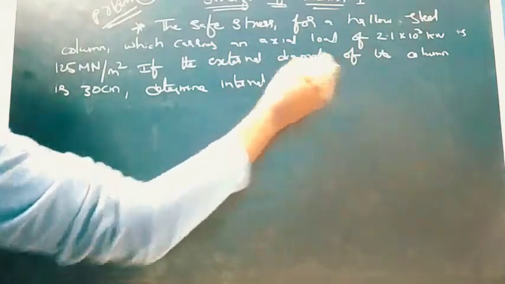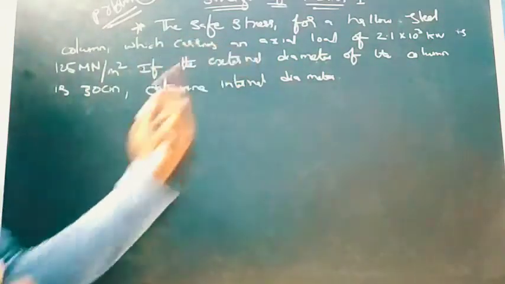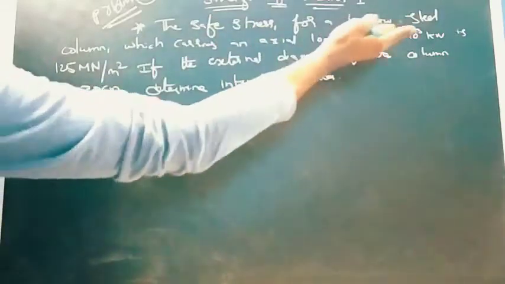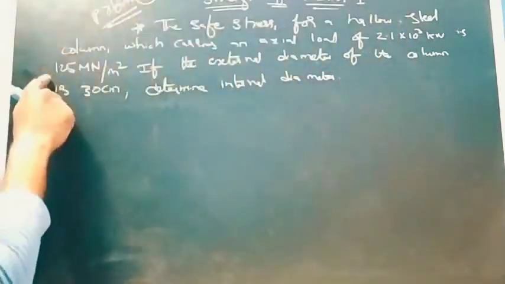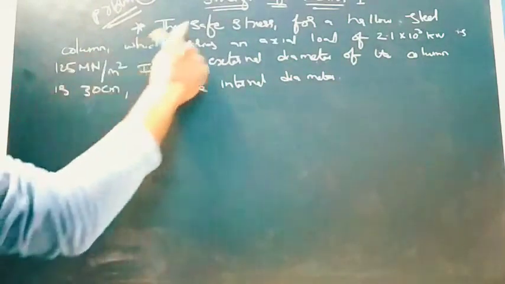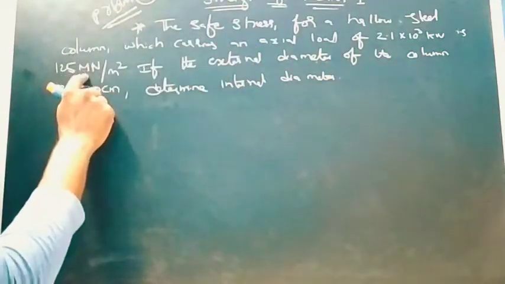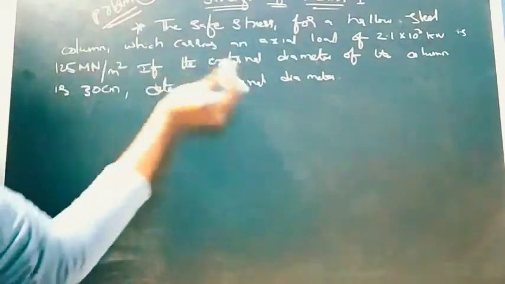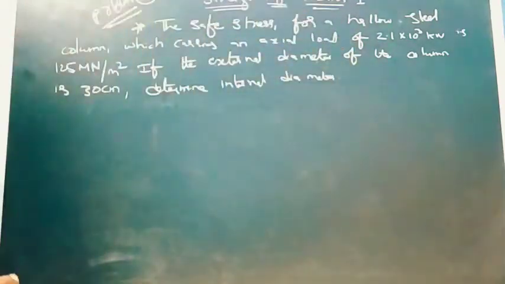So in this question, the hollow steel column is carrying an axial load of 2.1 into 10 to the power of 3 kilonewtons, and the safe stress is 125 meganewton per meter square. External diameter is 30 centimeters. We have to determine the internal diameter.